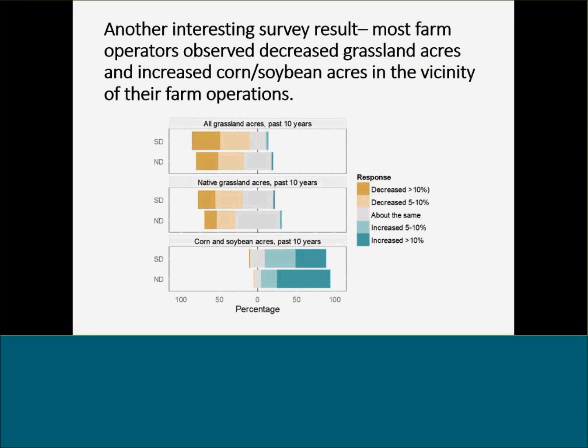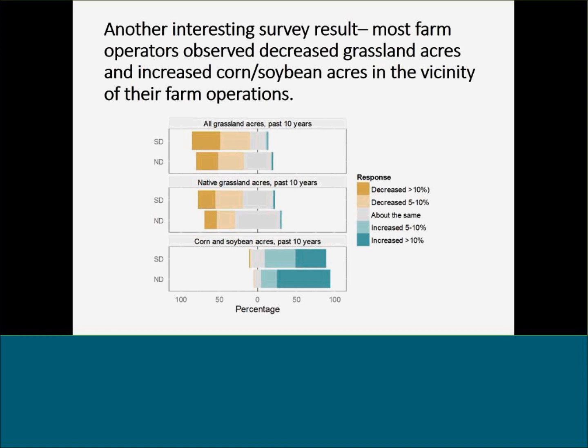So one of the things that we did in the survey was we asked the producers just what's your perception of the land changes that are occurring, and I think it was within a 10 or 20 mile radius of your farm operation. And basically, the majority of farm operators reported observing decreases in all grassland acres.